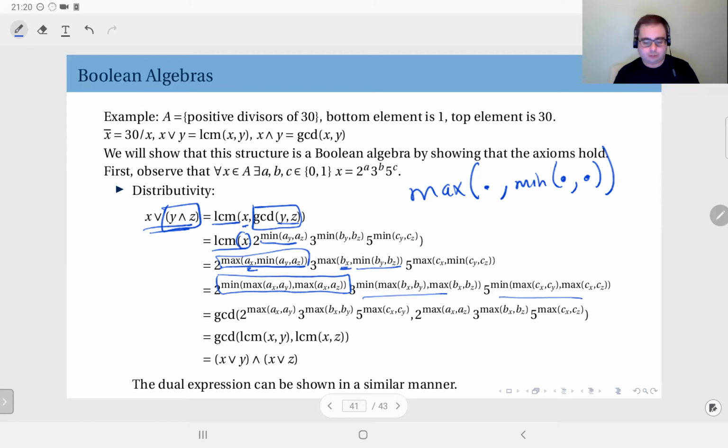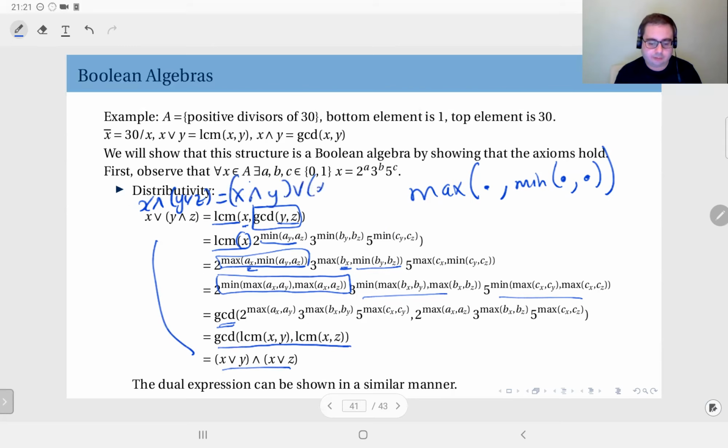And then you can also write this in terms of the GCD function, which in turn, by definition, can be written in this way, which is equal to, by definition, x join y meet x join z. So this equals this, and we have now proven one of the distributivity expressions. The other you can do in a similar way, and by the other I mean x meet y join z distributes as x meet y join x meet z. You can show it in a similar way.